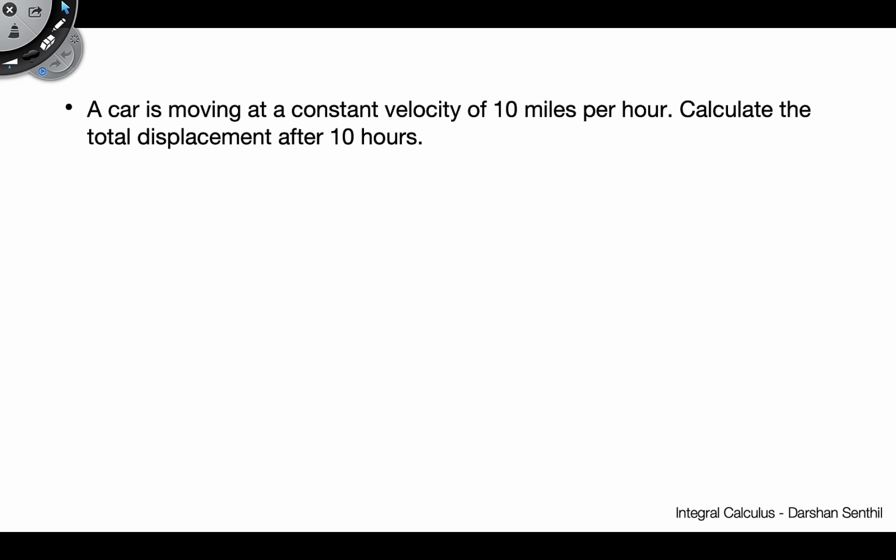We know that our displacement is equal to velocity times time, right? And so therefore, we can just say our displacement is going to be, we're going at 10 miles per hour, right?